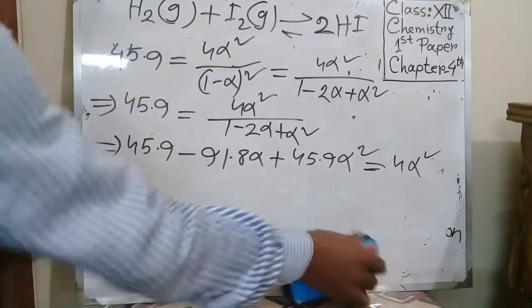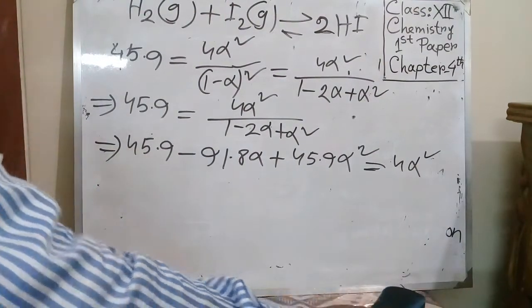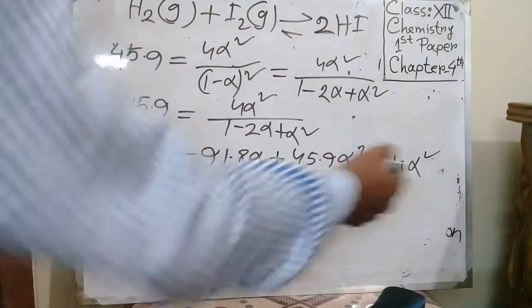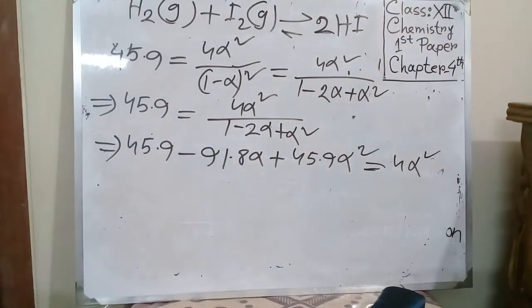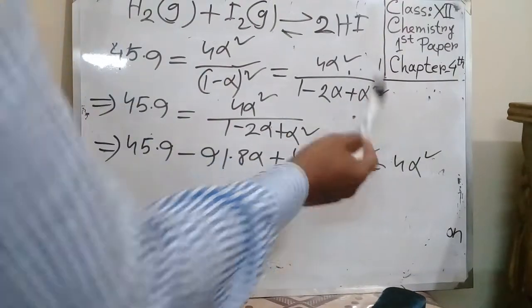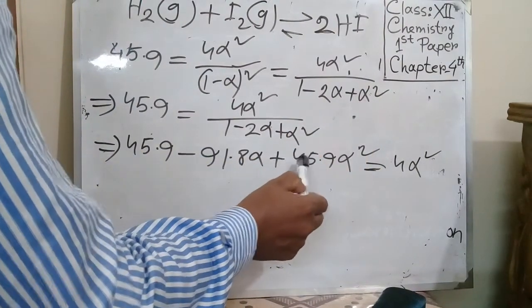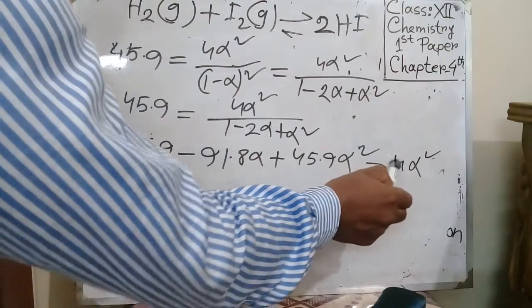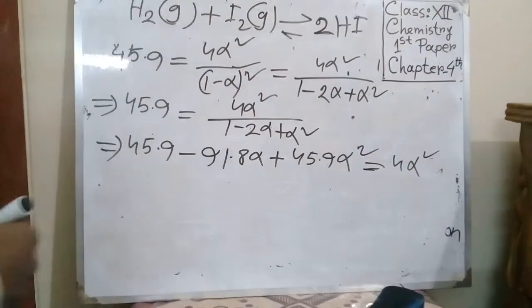So we need to calculate the value of alpha. So we'll put 4 alpha square at the left side. If I take it to the left side, the sign will be changed, so plus will be minus. So here plus 45.9 alpha square and minus 4 alpha square, so it will be subtracted.